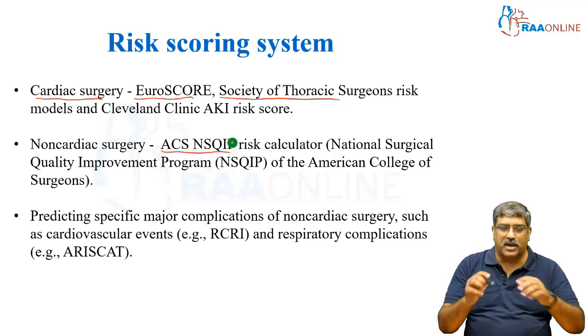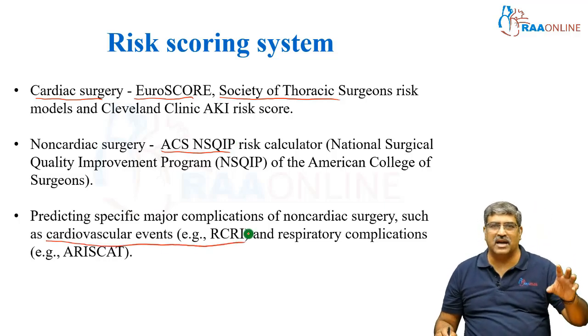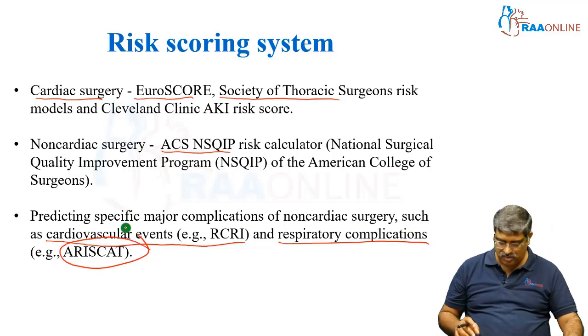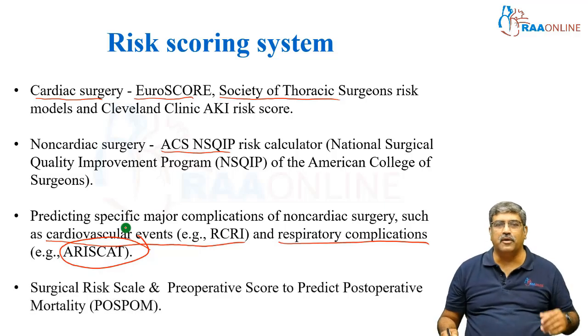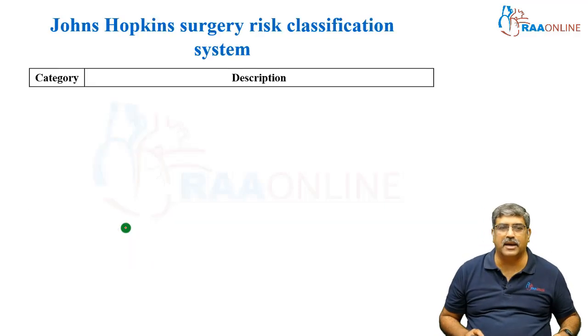Looking at certain complications, for example, for cardiovascular complications you have the Revised Cardiac Risk Index, and for respiratory complications you have the ARISCAT score. Apart from that, we have the Surgical Risk Scale and the preoperative score to predict postoperative mortality.